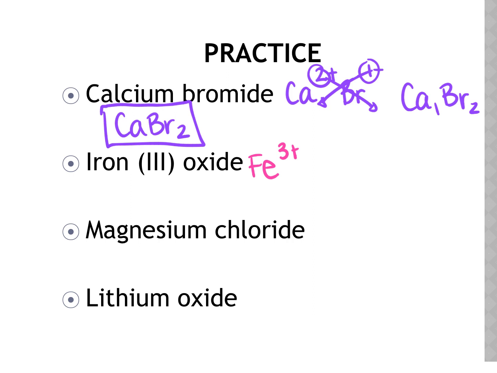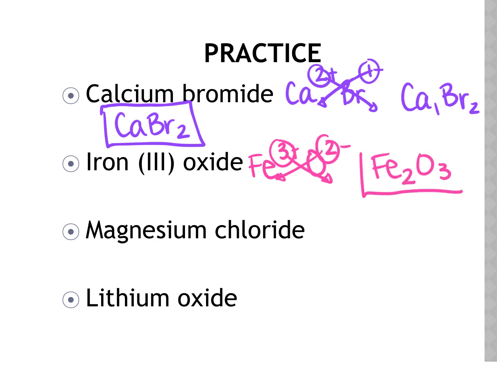And oxide is just oxygen. So what's the symbol for oxygen? Okay, and what kind of charge does it get? 2 minus? All right, so now we have these charges. What do you do with those charges? Crisscross. Okay, crisscross. So when you crisscross it, what do you get? Fe2O3. Good. Perfect. And I would just say it as Fe2O3.